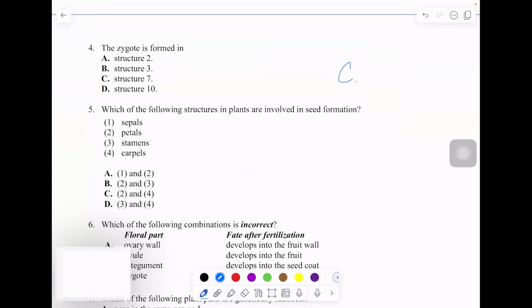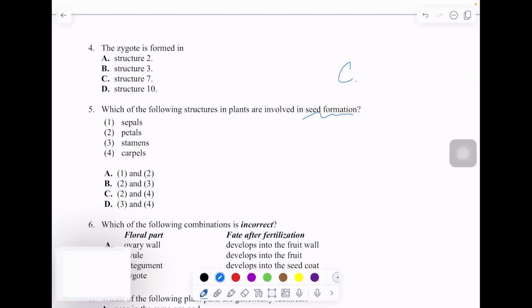Next, for question number 5, which of the following structures in plants are involved in seed formation? Seed formation means that it may help in the fertilization of both male gamete and female gamete, and it will also help support the seed formed throughout the development of the fruit.